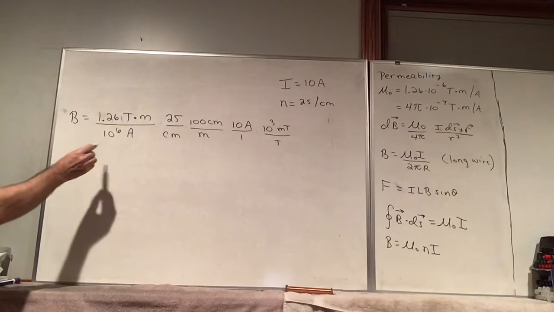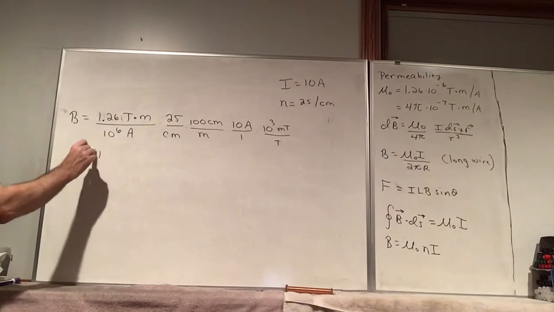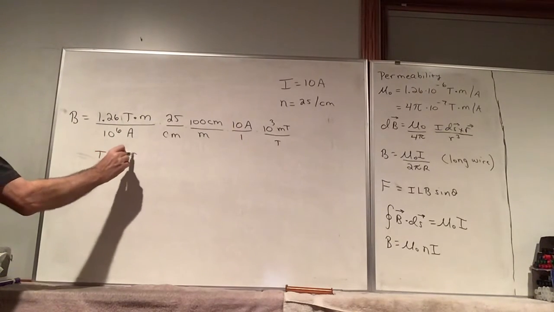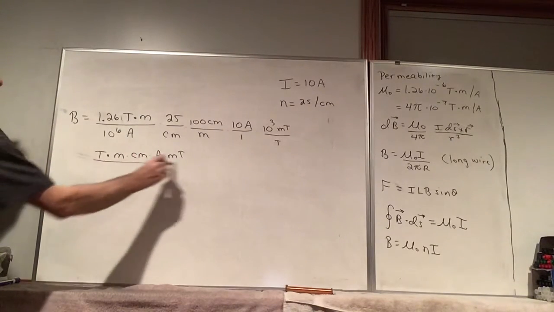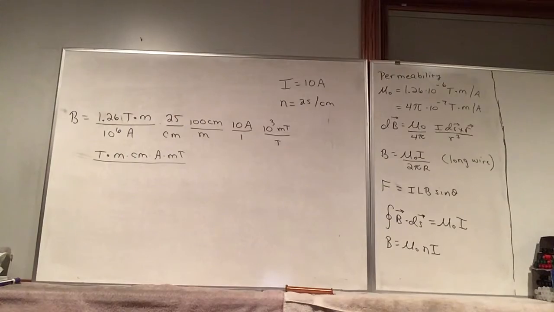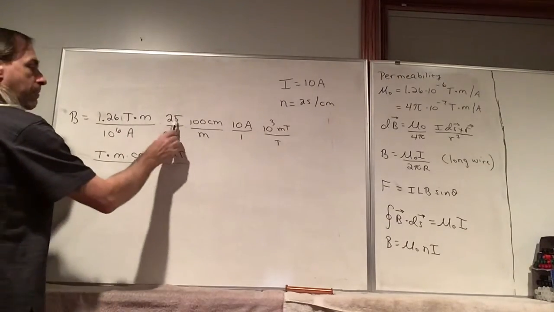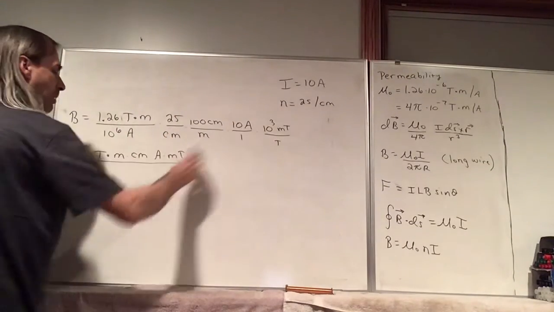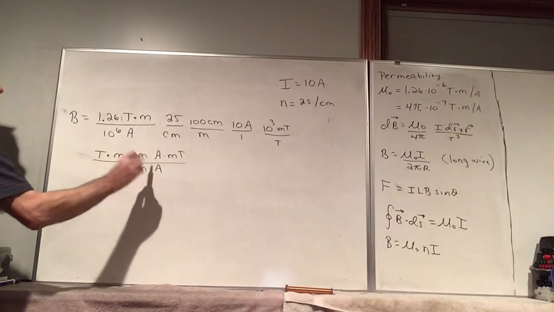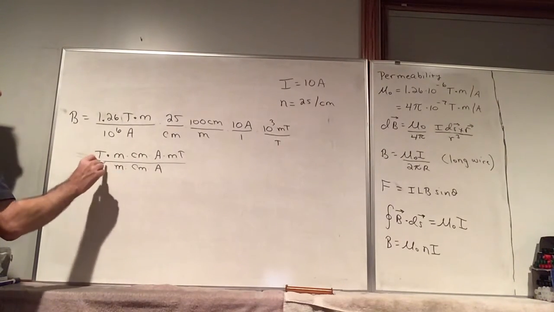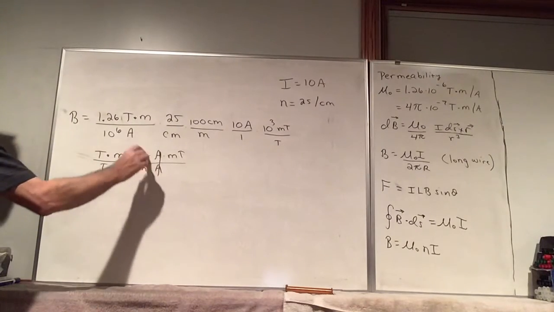because let's look at the units. We could actually just visualize it, but why not write it out? So on top: Tesla, meter, centimeter, amp, milliteslas. On the bottom we have amp, centimeters, meters, and Tesla.